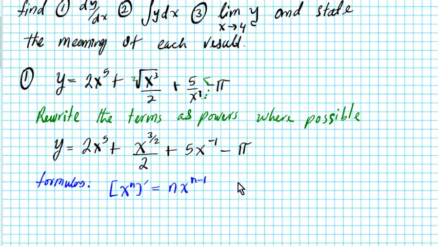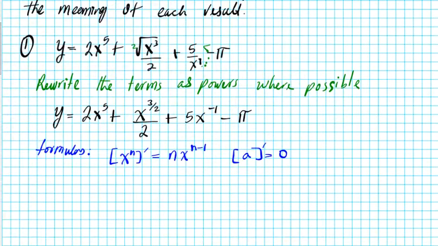And you also have to remember that the derivative of a constant, the rate of change of a constant, is 0. Since it's a horizontal line, you keep on running but you never rise. Put the prime notation there to indicate the differentiation process.